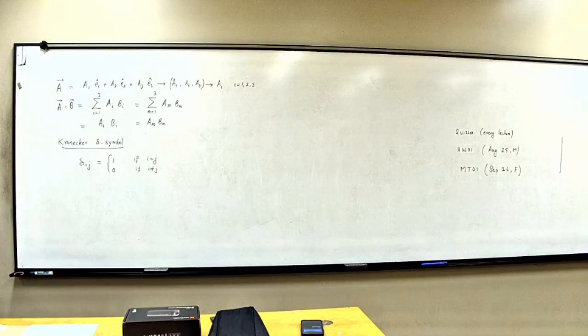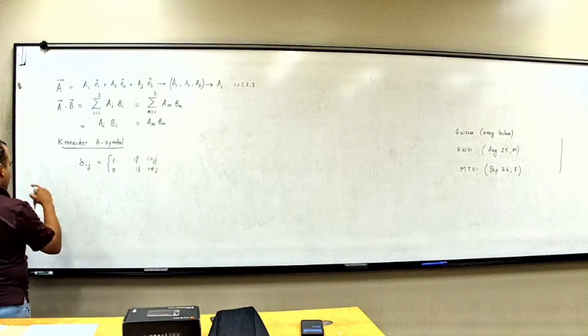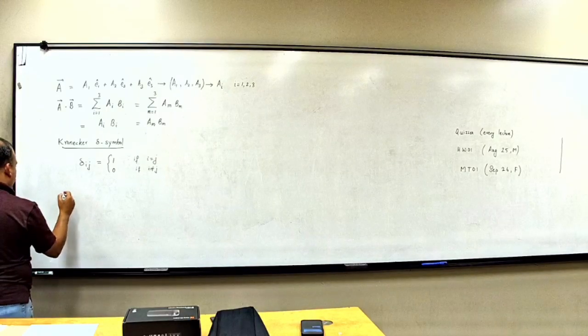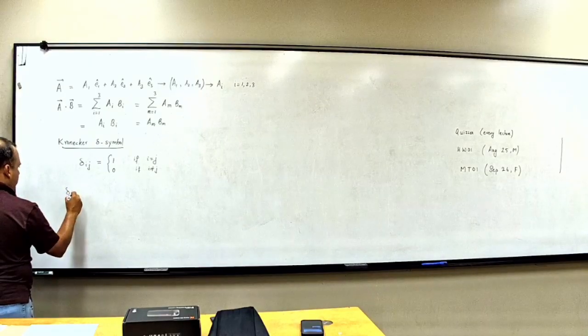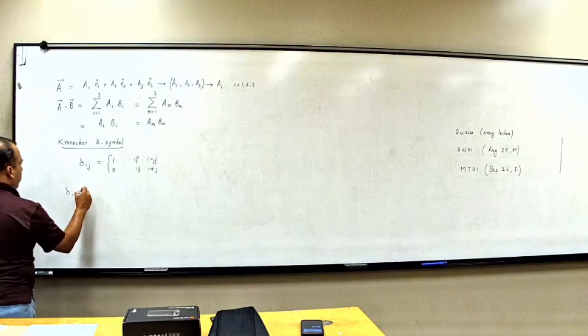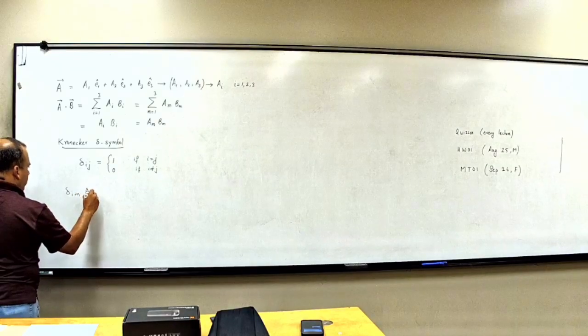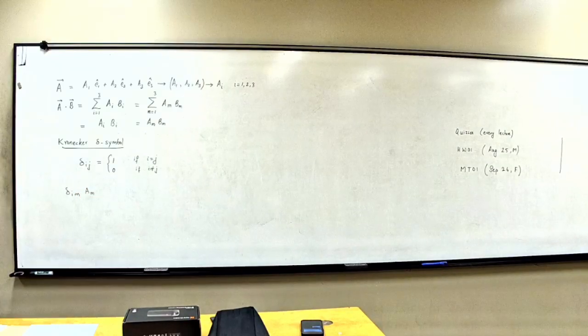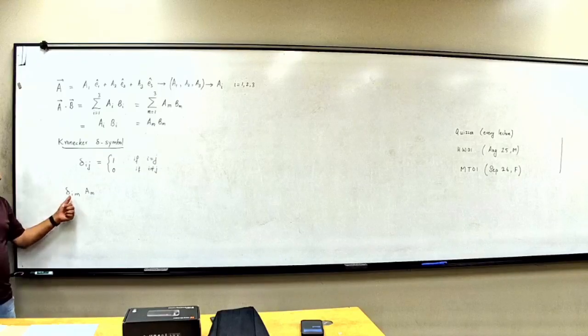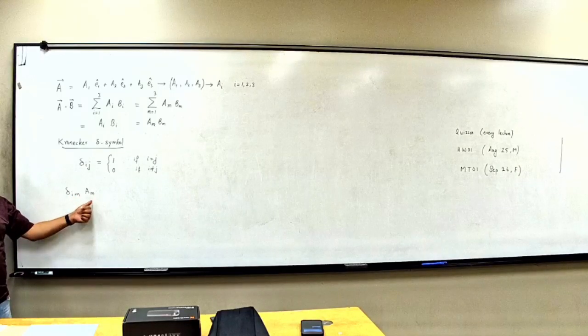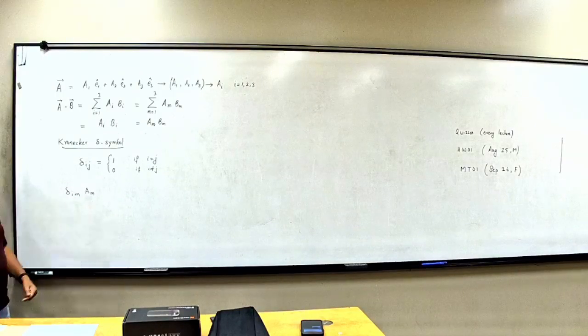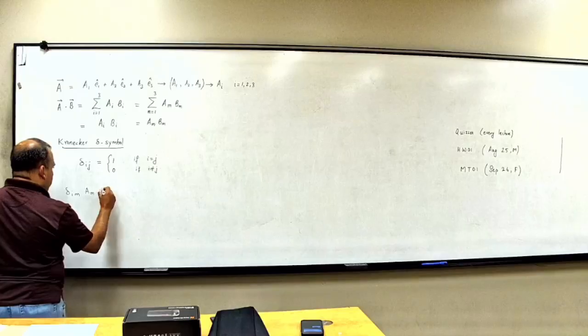So that's the simple identity, and you can immediately see that if I were to start with a symbolic representation here, delta im of, let's say, Am. If you see this appearing anywhere, you immediately say that i is appearing once, m is appearing twice. So anything that appears twice means it is summed. So there is a summation in here.